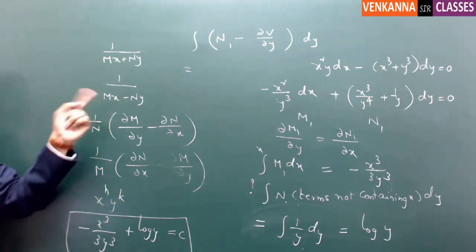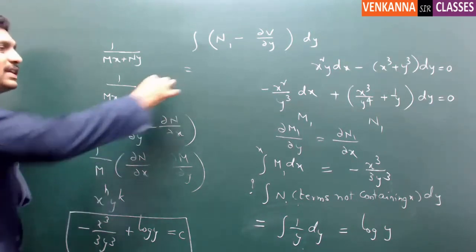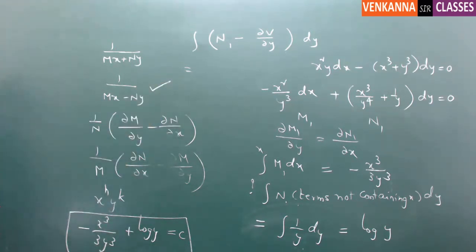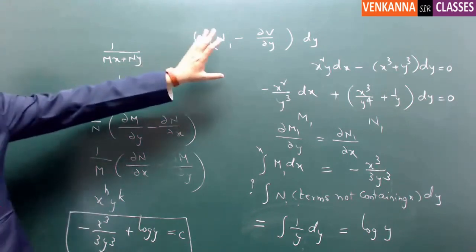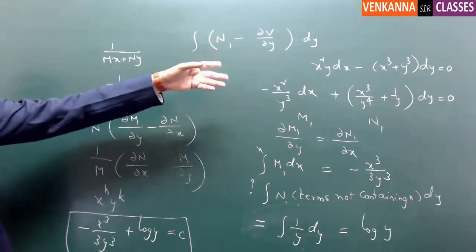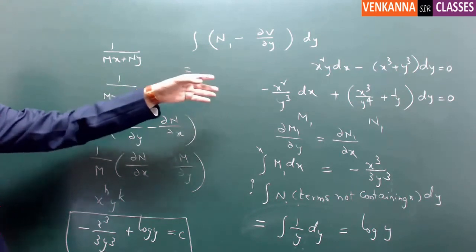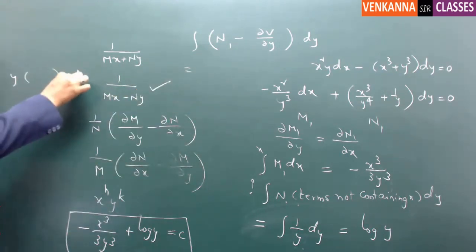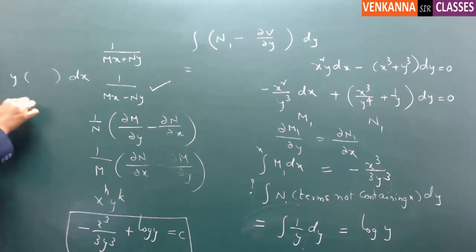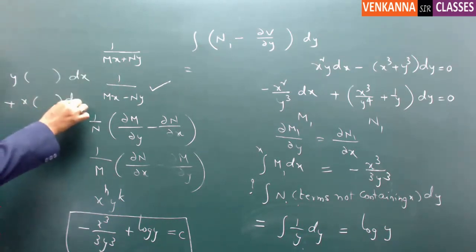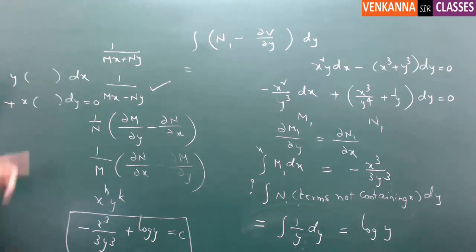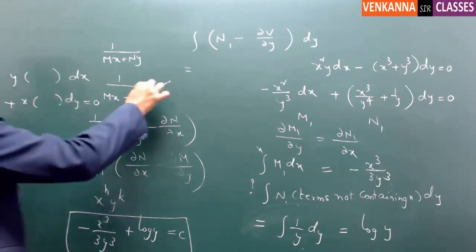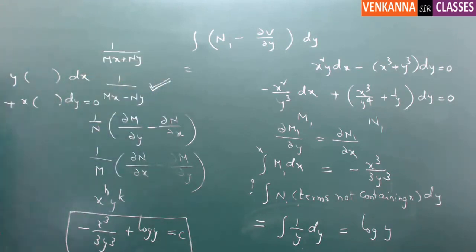See, if you want to use the mx minus ny formula, the criterion is that the given equation should be in the form, or you should be able to write it in the form, y into some value dx plus x into some value dy equal to 0. If it is so and non-exact, obviously this will be the integrating factor. You can apply that without any hesitation.